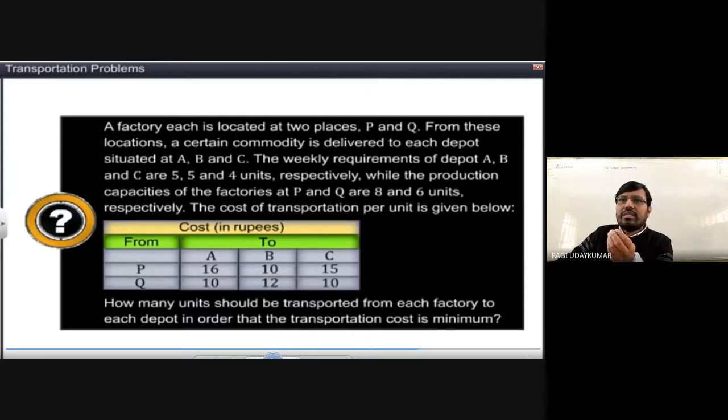So 5 units have to go to depot A, 5 units to depot B, 4 units to depot C. The production capacities of the factories P and Q are 8 units and 6 units respectively. The cost of transportation per unit is given below. So from location P, to go to A the cost is 16 rupees, then 10 rupees, 15 rupees.